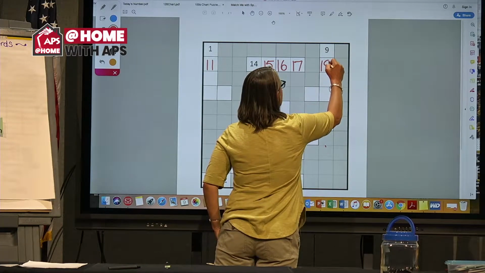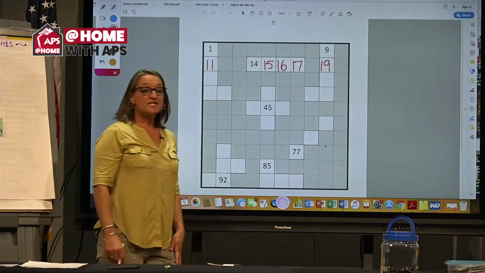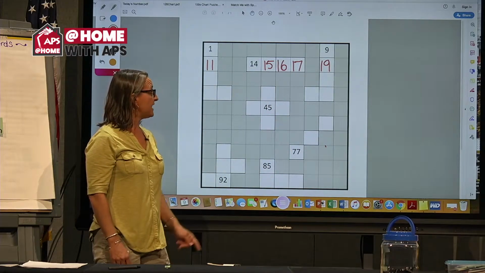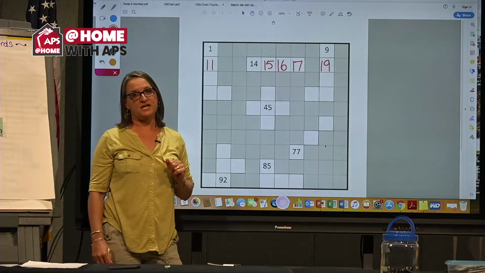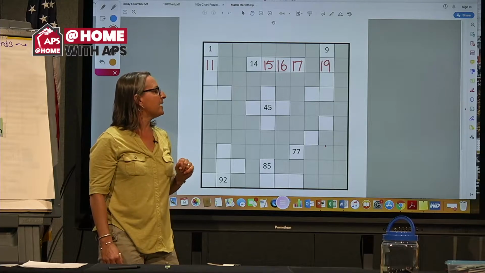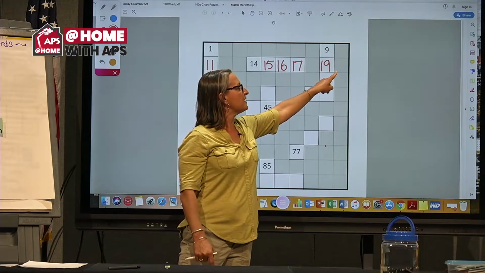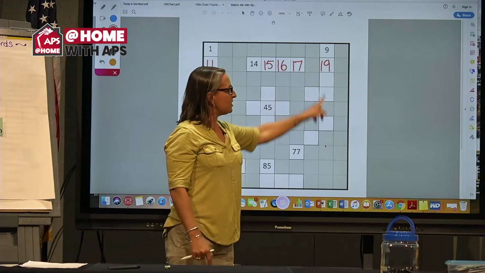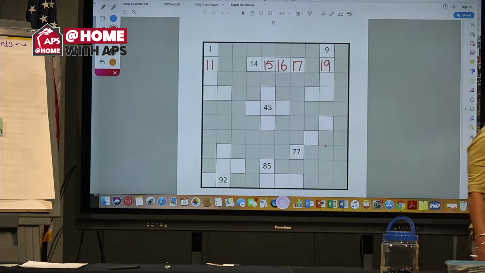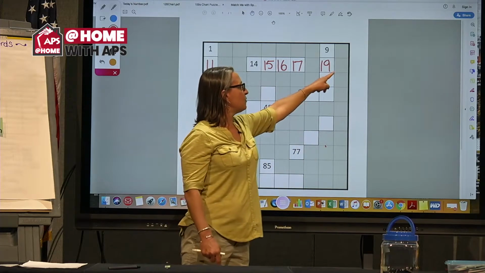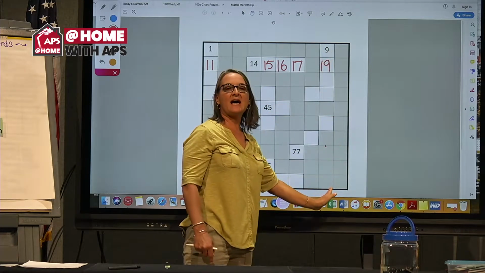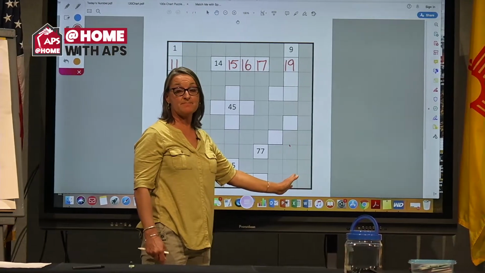That's one way we can know what belongs there. We can check by counting forward by ones, right? 17, 18, 19. That's a good double check. The other thing we might remember is what number would go here. This row in our hundreds chart is all of our special 10 numbers. So we know that what comes after 19 would be a 20, and 20 belongs in this last column on our hundreds chart, right? With the 10s.